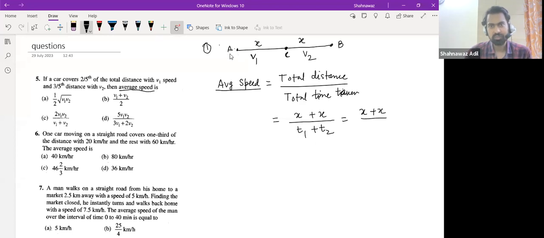You see that distance is x, speed is v1. So time is distance by speed. For this T1 case, how much is the distance?